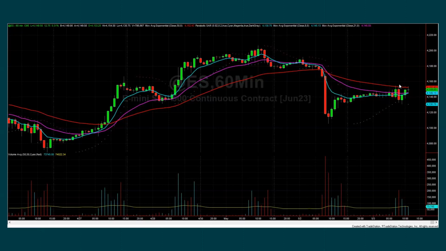But here we go. You can see on the 50 bar moving average on the 60 minutes, we have this resistance. So I make a note of that. Now, this is overnight, so it's a continuous contract, and obviously you see this choppiness. Would you do anything here? Not really. But keep that in mind. If you want to go long, just be aware of that.